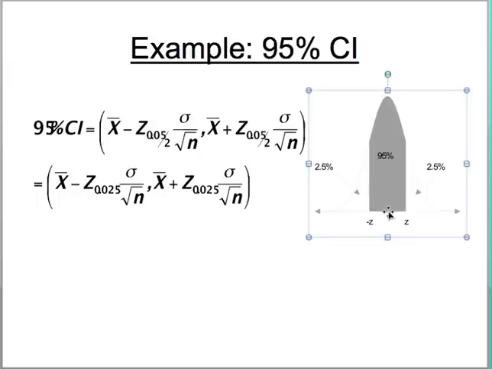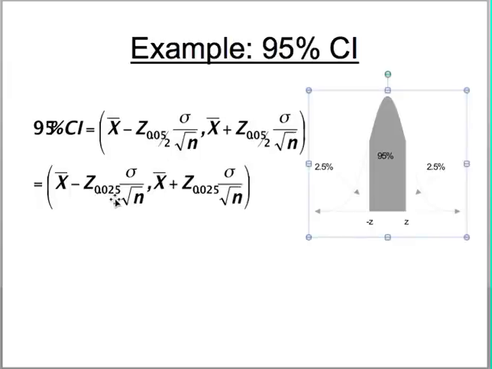Now, if I have 95% confidence, the total area under my graph is 100%, so I have an extra 5% to share on either side. Here I'll have 2.5%, there I'll have 2.5%. That's where this 0.05 comes from, 5% divided by 2 for the two tails. So I'll have Z 0.025.